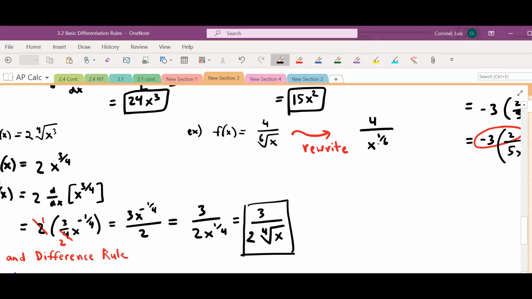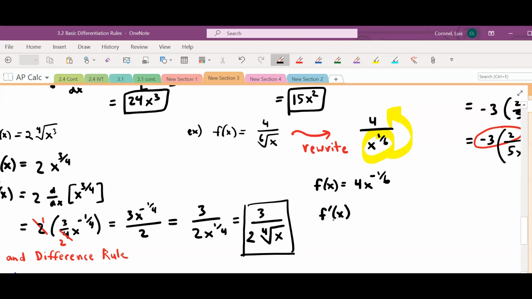Then let's get rid of the fraction by moving the x variable term to the top. So your function becomes 4x to the negative 1/6. When you move a variable between the bottom or top of a fraction, you have to change the sign. So now that we used algebra to change up how our function looks, now we're going to find the derivative, f prime.